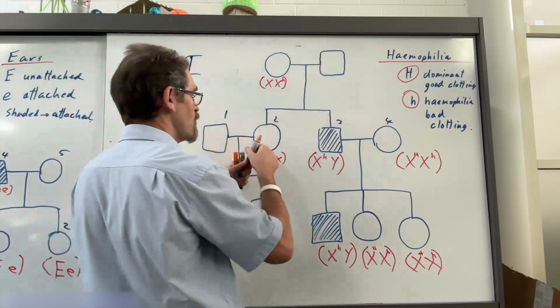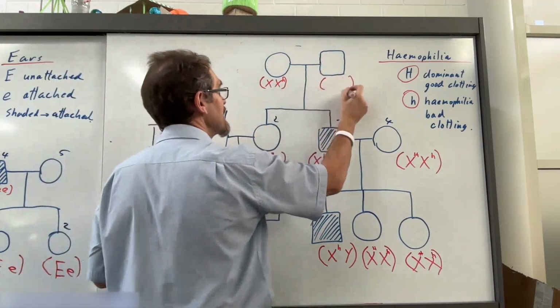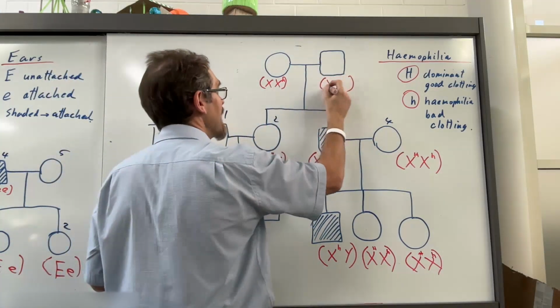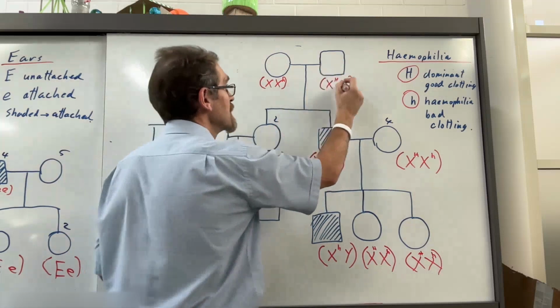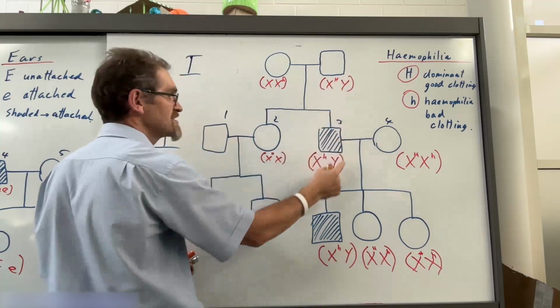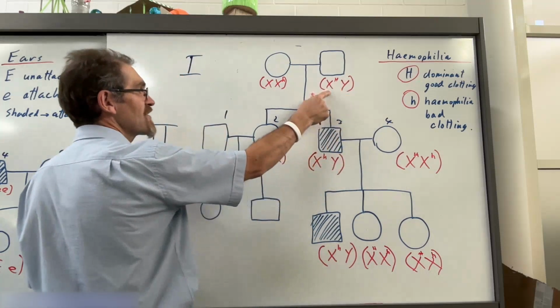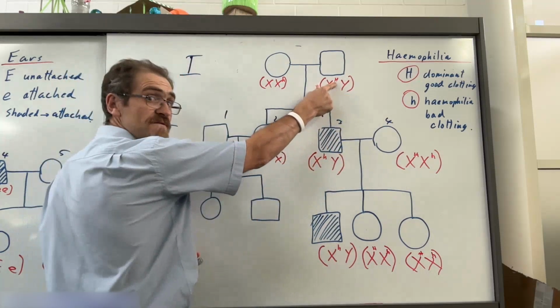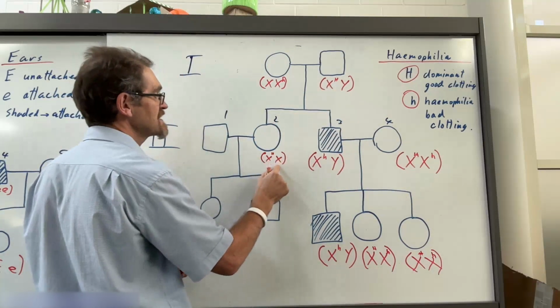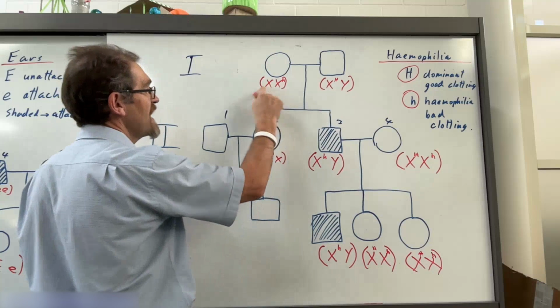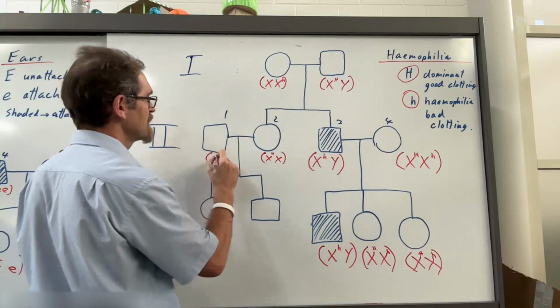Coming from the father, we know the other X is a capital H because he is not a sufferer of haemophilia. This Y chromosome comes down here. That X chromosome with the dominant non-haemophiliac allele comes down here. And this particular chromosome could be either from the mother.